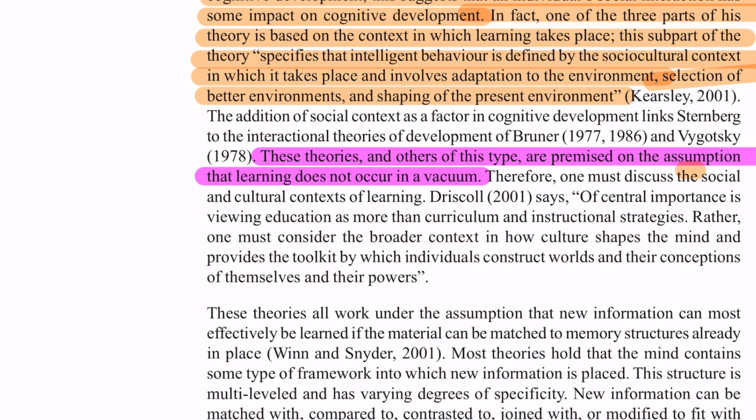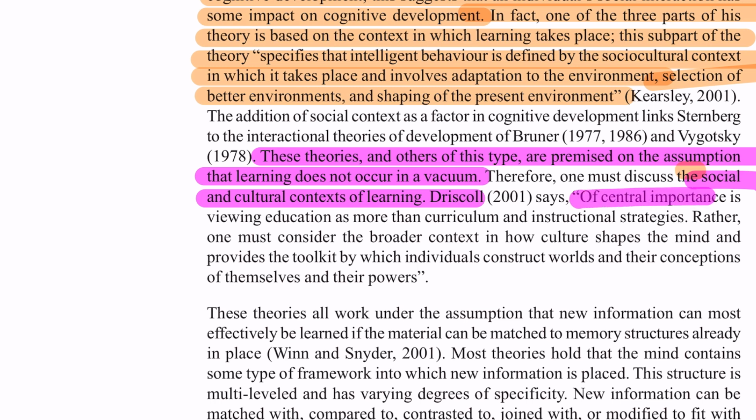Any behavior happens in a certain context, and that context is also very important. Therefore one must discuss the social and cultural context of learning. We have to understand social and culture: someone is Gujarati, someone is Marathi, someone is from UP. There are cultural differences, and that can also affect the behavior of the person.